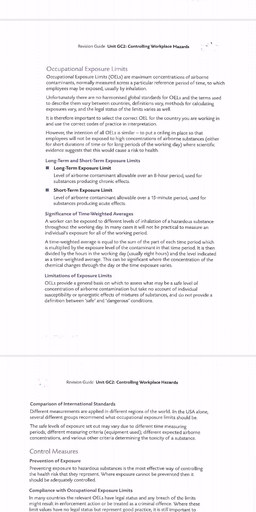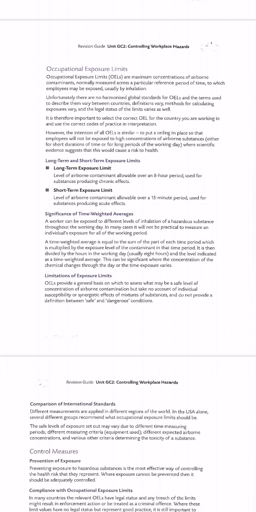A time weighted average is equal to the sum of the parts of each time period, multiplied by the exposure level of the contamination that the person is exposed to in that period. It is then divided by the hours in the working period, usually 8 hours, and the result is indicated as the time weighted average. This can be significant where the concentration of the chemical changes through the day or the time of exposure varies.